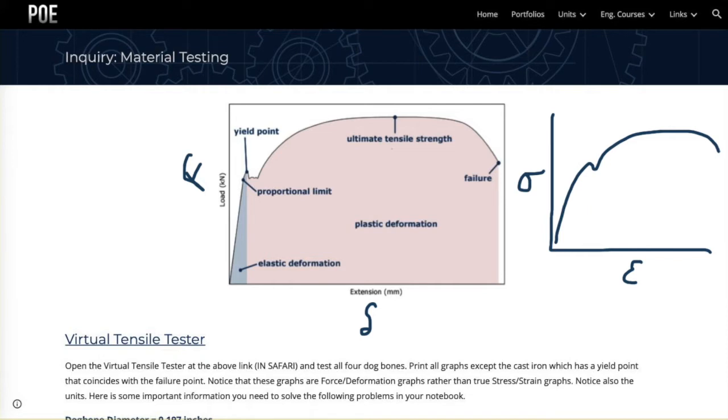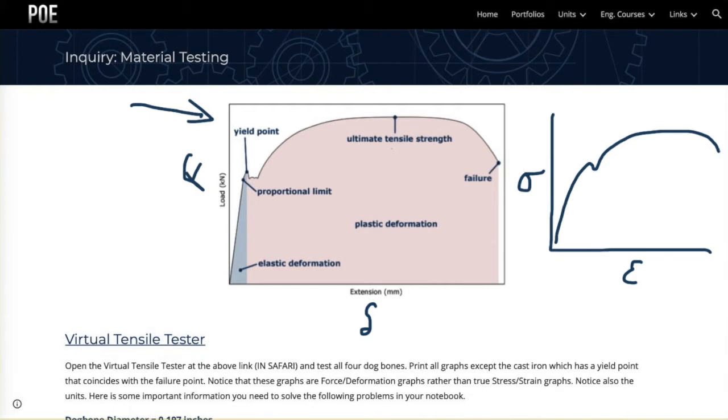So if you had different dog bones and we're testing copper, for instance, and you use a force versus elongation graph like this one, you would get different graphs.